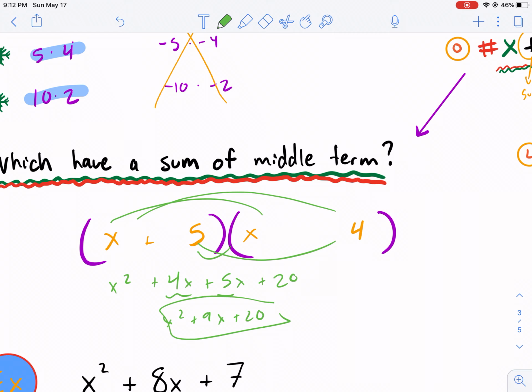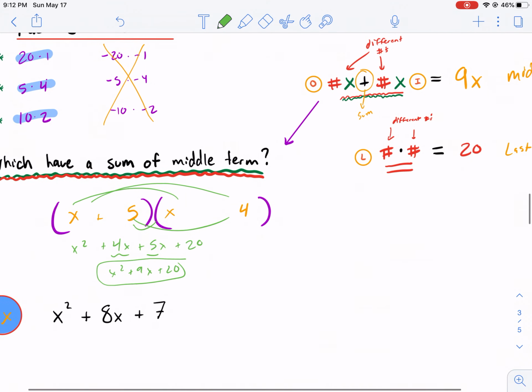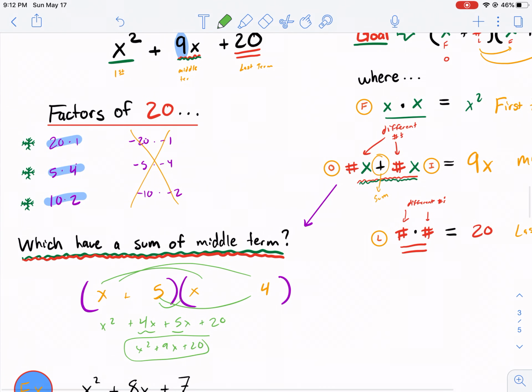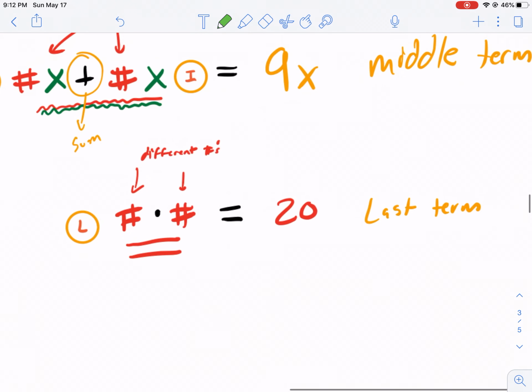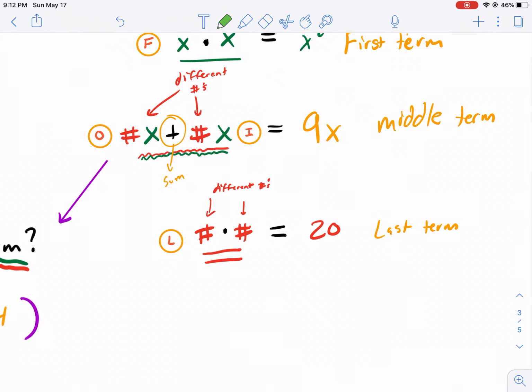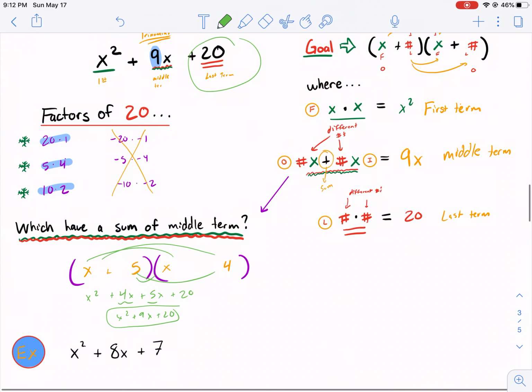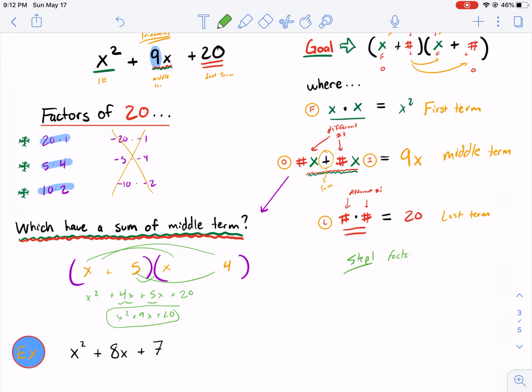See how it matches what we got? x squared plus 9x plus 20, x squared plus 9x plus 20. So the formula for how we went about this was correct. We first looked for, okay, what are our factors of this last term? Okay, so step 1, factors of last term.